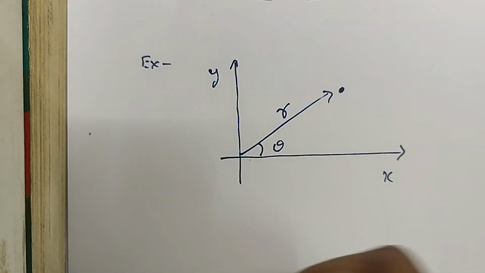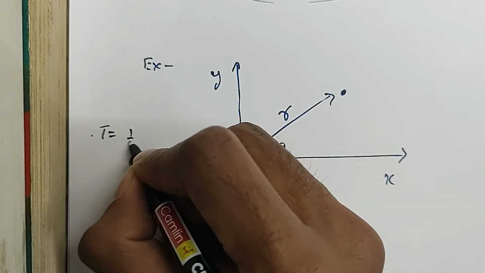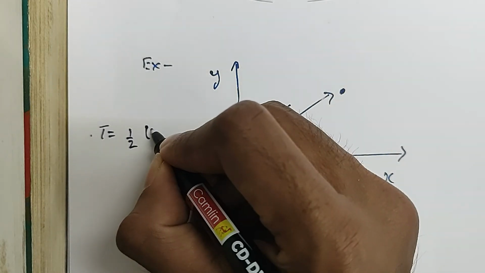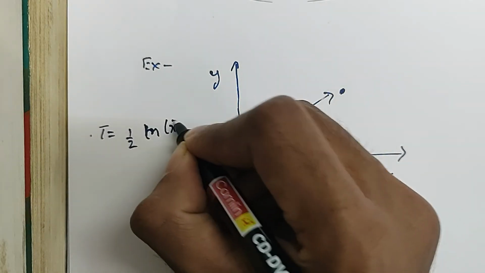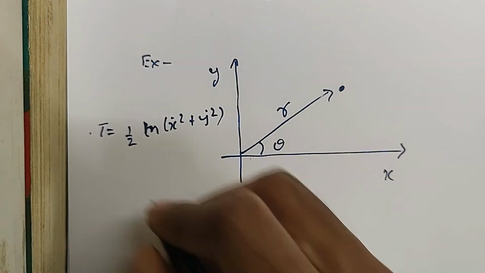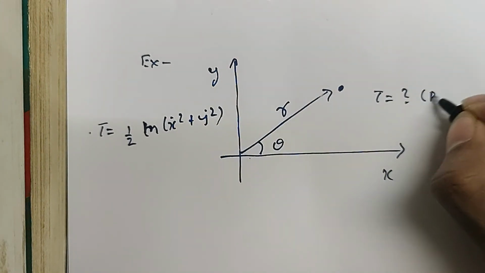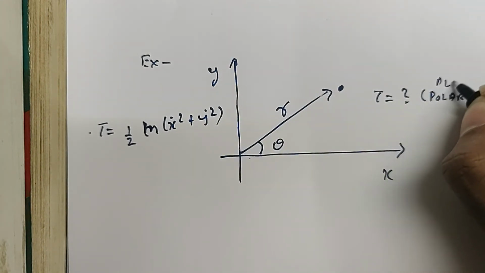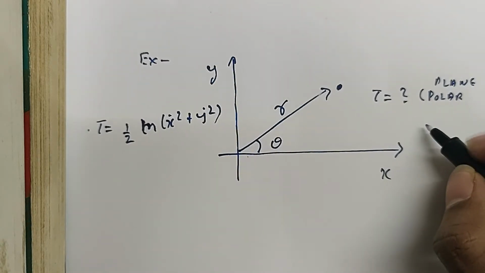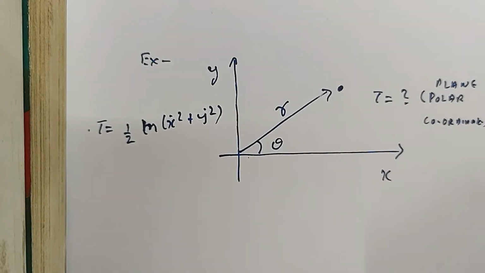So my kinetic energy in Cartesian coordinates is given by T is equal to half m (x dot square plus y dot square). So my question is, what is my kinetic energy in polar coordinates? In plane polar coordinates, please notice this, plane polar coordinates.